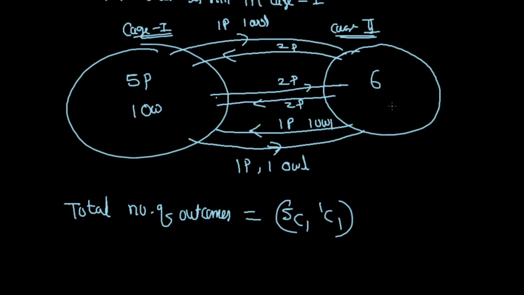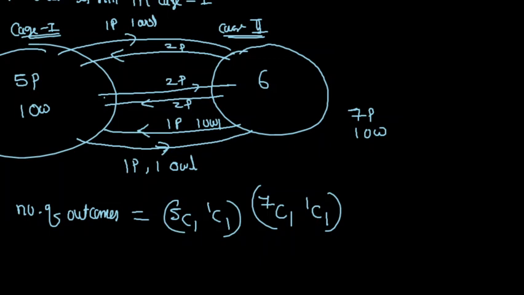In cage 2, 1 parrot plus 6 parrots is 7 parrots and 1 owl. From cage 2 to cage 1, it flew back: out of 7 parrots 1 parrot, and out of 1 owl 1 owl. This is the first case.